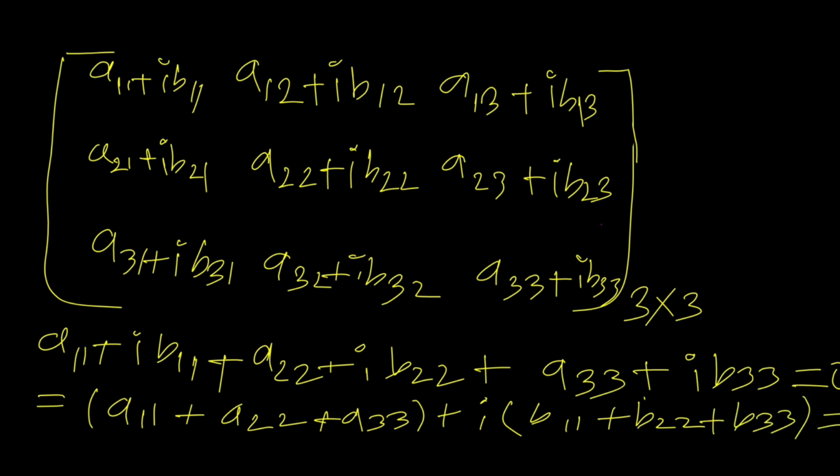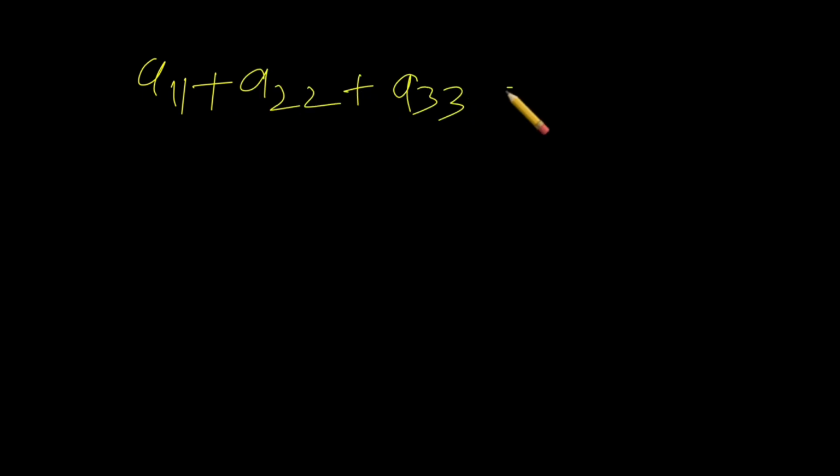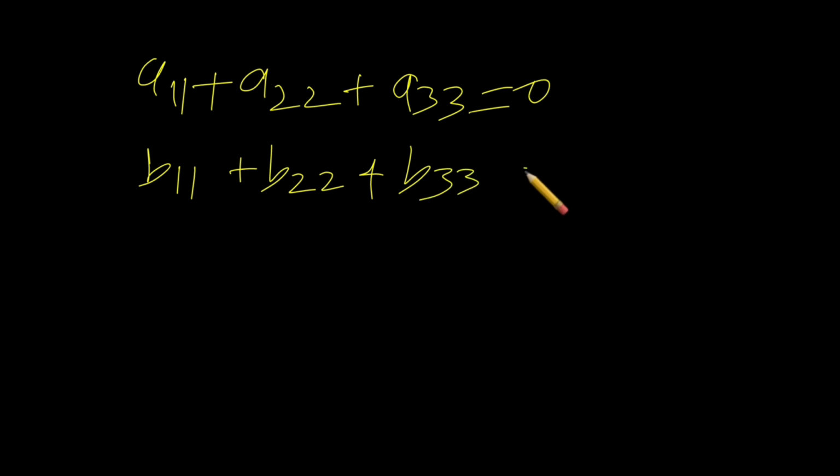Now A11 plus A22 plus A33 equals 0, and the imaginary part also, B11 plus B22 plus B33 equals 0.